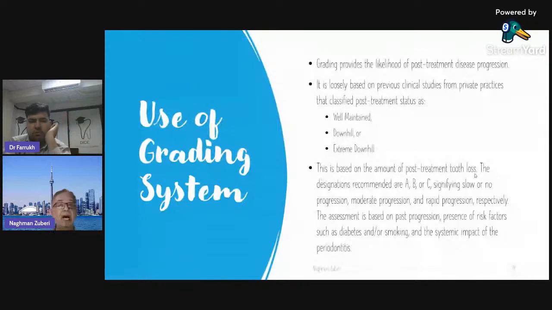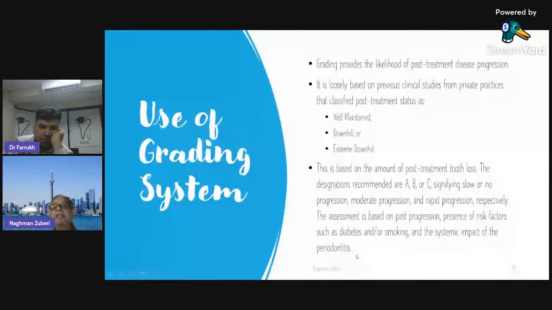The diagnostic recommendations are A, B, or C, signifying slow or no progression, moderate progression, and rapid progression, respectively. The assessment includes diabetes and/or smoking and the systemic impact of the periodontitis.